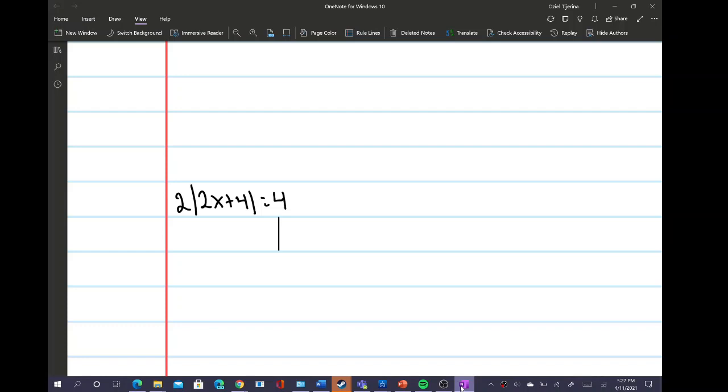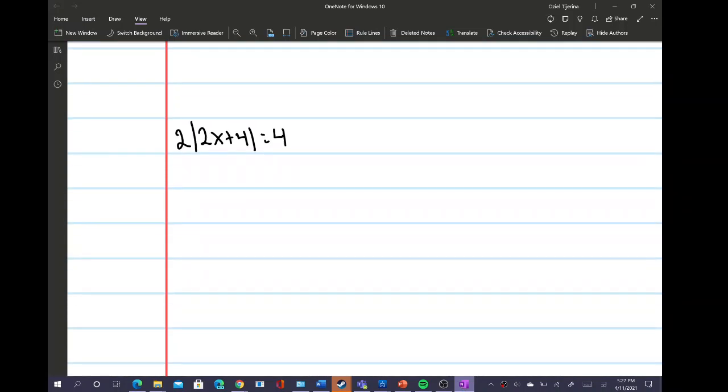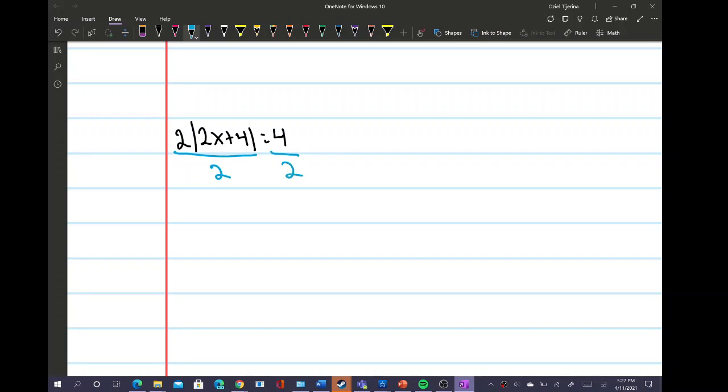Okay, so let's look at this one. We have 2 times the absolute value of 2x plus 4 equals 4, right? So one of the things that you're going to do is, number 1, notice how we have our a value, and we're going to go ahead and take that off, right? What you never do in this case is, okay, hold on, give me 1 second.